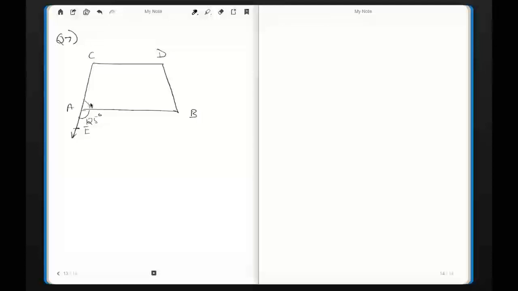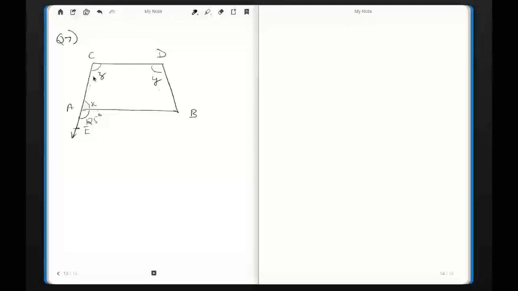This is X. This is Z. This is Y. Right? Now we need to find what all these angles are.